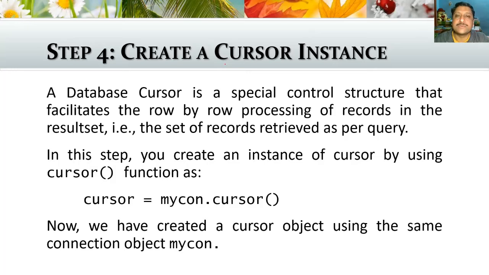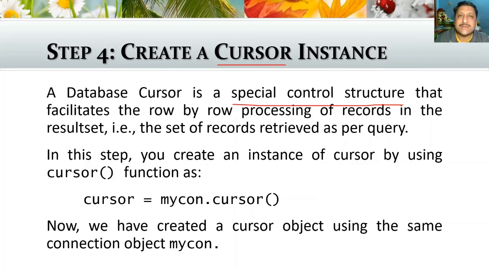The next step is to create a cursor instance. Now what is a cursor? Understand, a database cursor is a special control structure. You know what a list, a dictionary, and a tuple are; these contain some data.